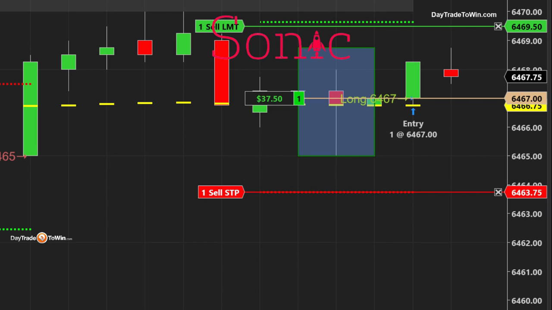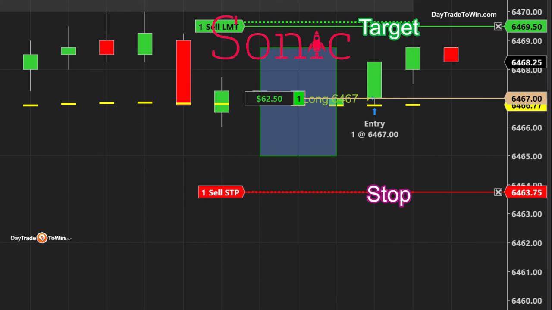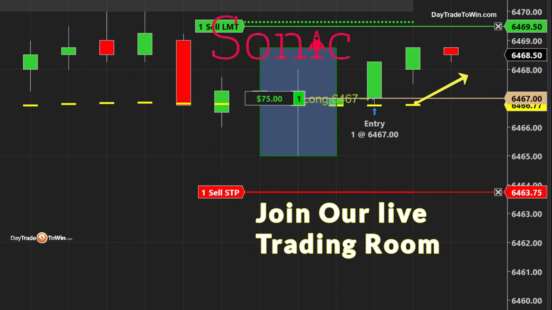That is a way for us to know that things aren't going in our favor. It's time to get out at break even, at a small loss, or try to get out before it hits the stop. So something to consider if you're in a trade and it's still negative after 20 minutes, 30 minutes, sometimes that's a sign to say it's not working. We should get out of this.